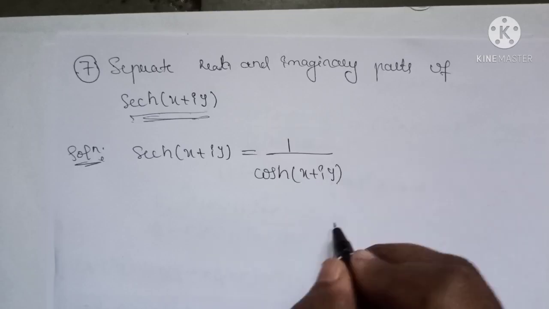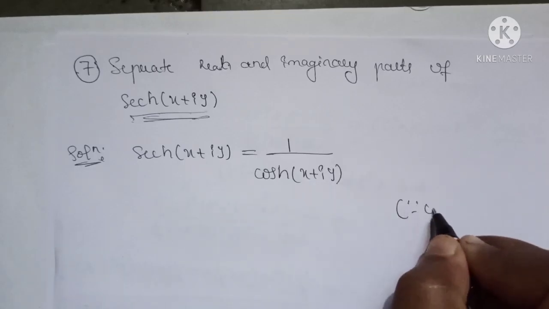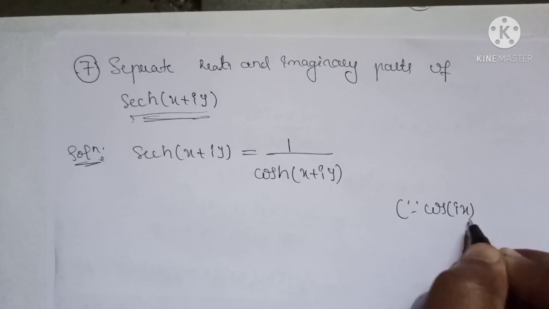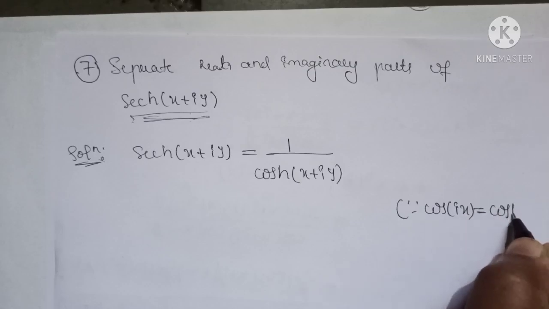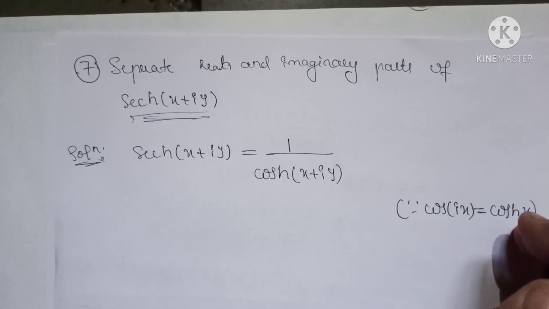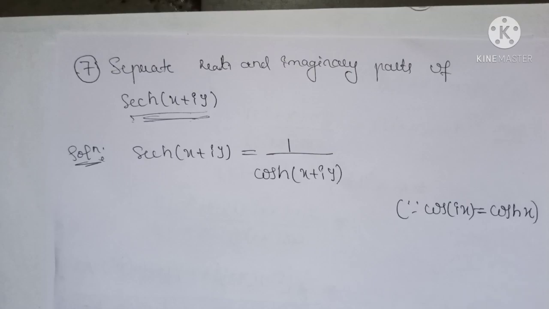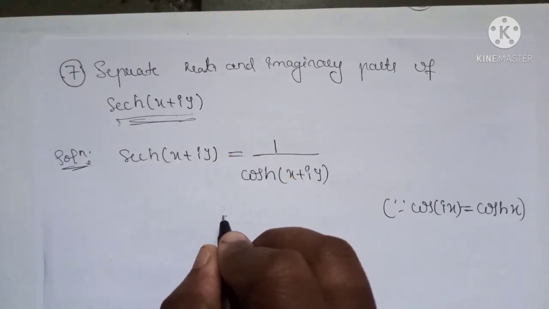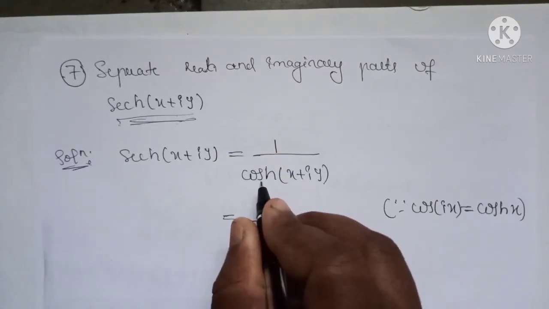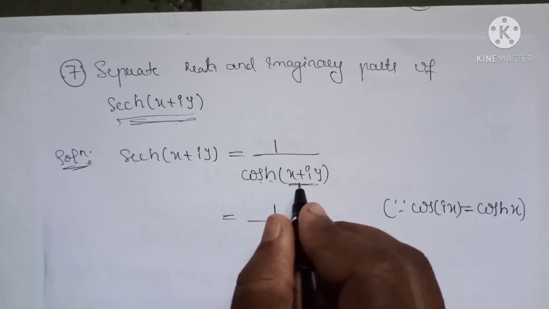Now we know that cos of ix can be written as cosh x. That is the relation between circular function and hyperbolic function. Therefore, here we treat this whole function as x.